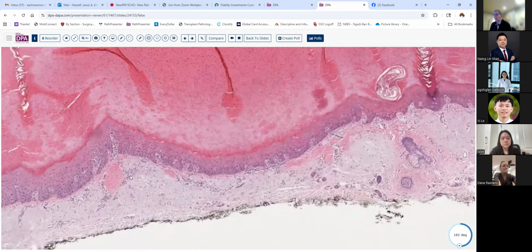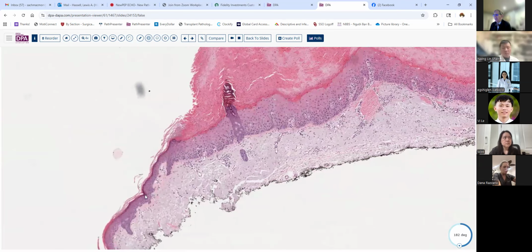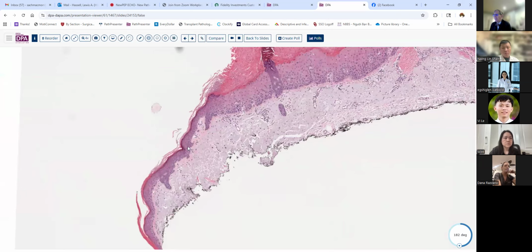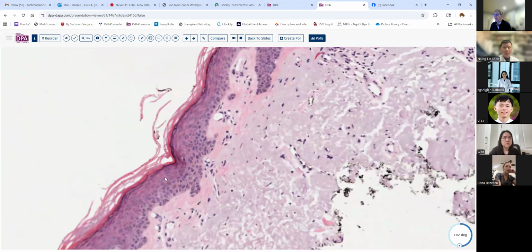And then for contrast, this is a nice example because we have the more normal epithelium here to the side. So we can see there's a little bit of hyperplasia compared to this cutaneous layer over here, which is more normal and shows basal layer, intermediate layer, granular layer, keratinocytes, stratum corneum above that.